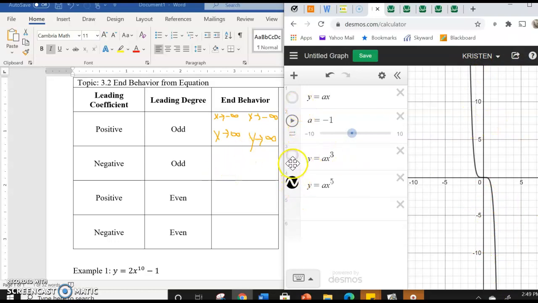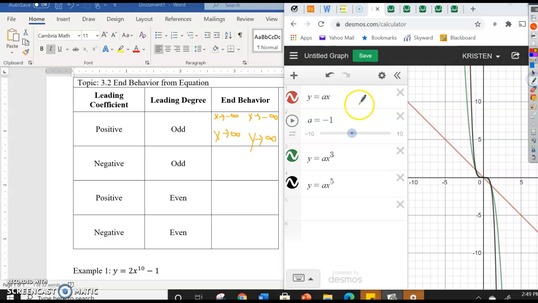It doesn't matter which leading degree I have, as long as it's odd, my arrow on the left is always pointing up and my right arrow is pointing down.